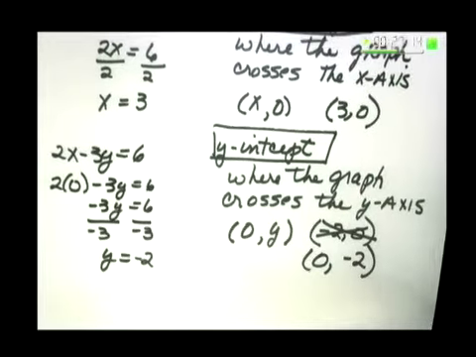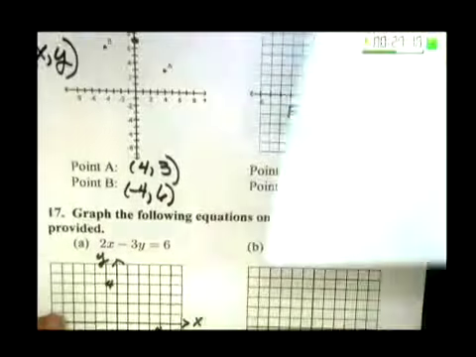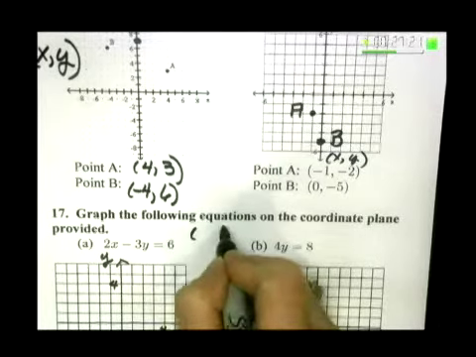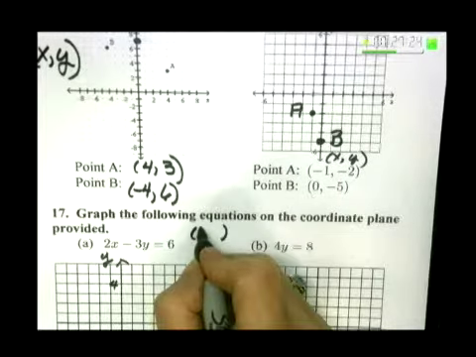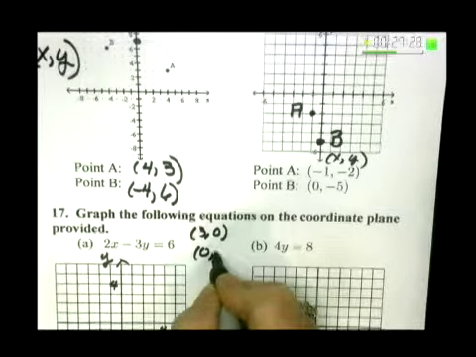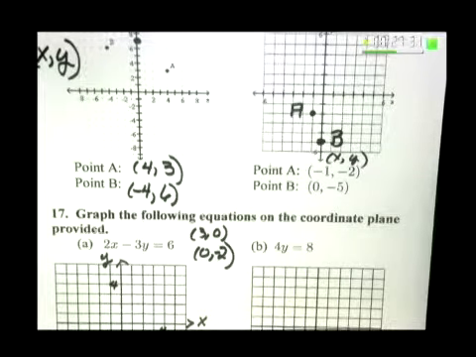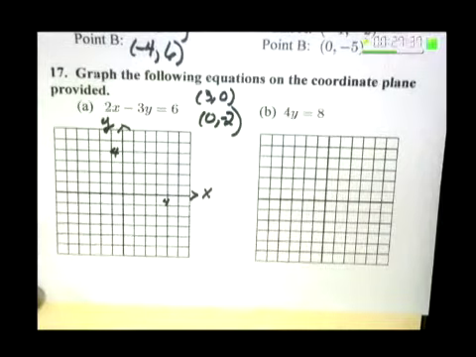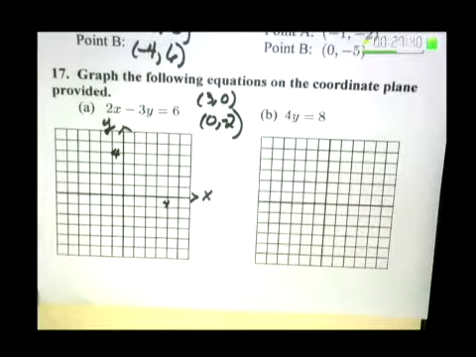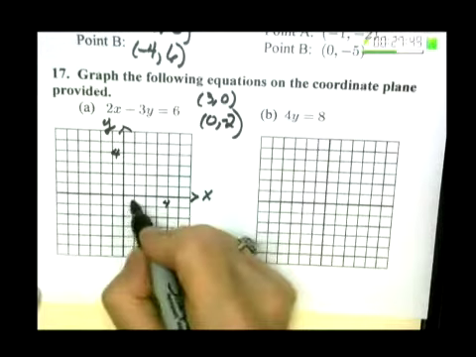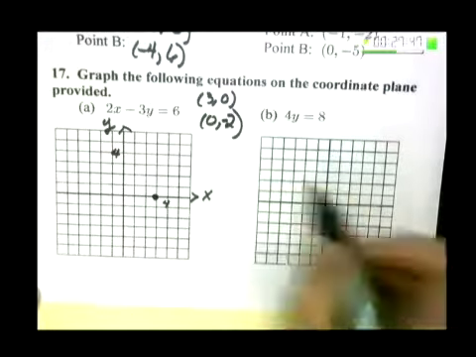So now we're going to graph it. To graph this, I have my x-intercept and I have my y-intercept. I have the points 3, 0 and 0, negative 2. Those are going to be my x and y-intercepts. So I have 3, 0. That's x is 3, y is 0. 1, 2, 3.